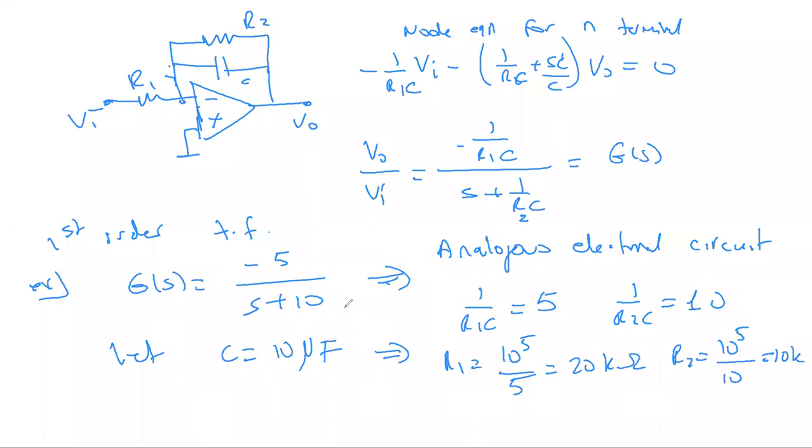So if I put here R2 equal 10K, R1 equal to 20K, and C equal to 10 microfarad, the VI and V0 relation will give me the same dynamic behavior of this nuclear energy plant system's dynamic model.